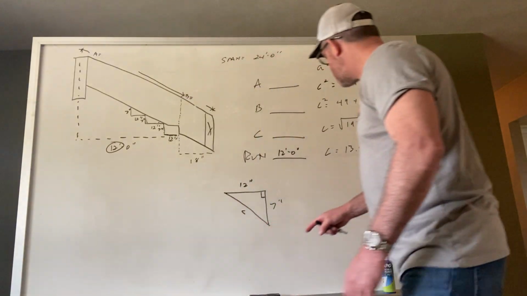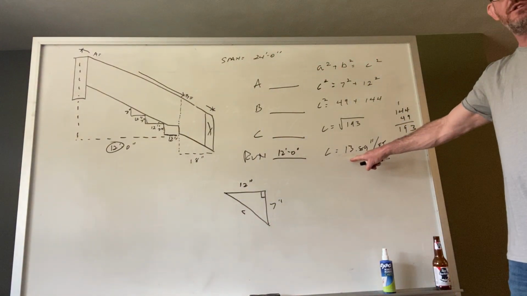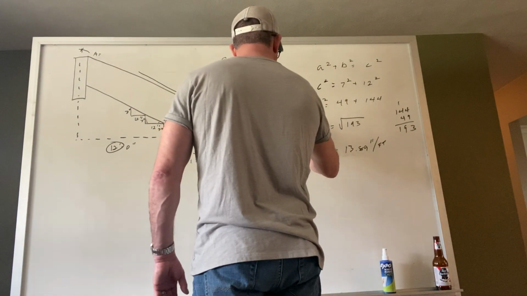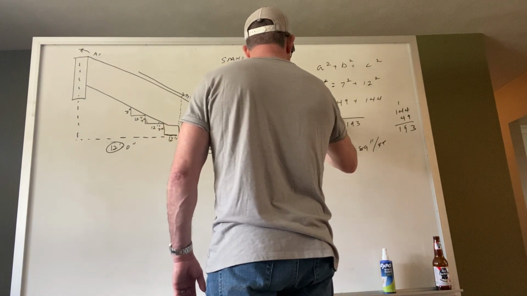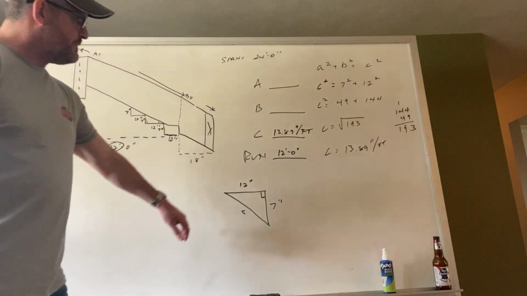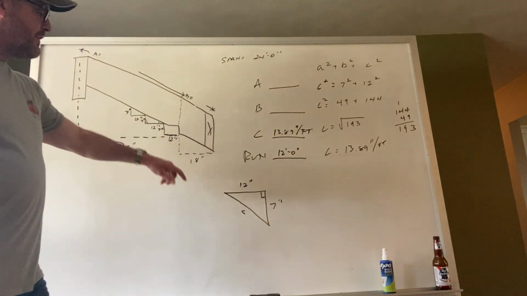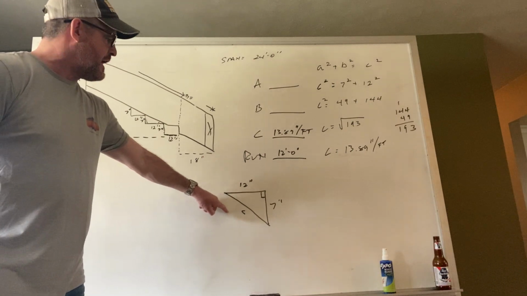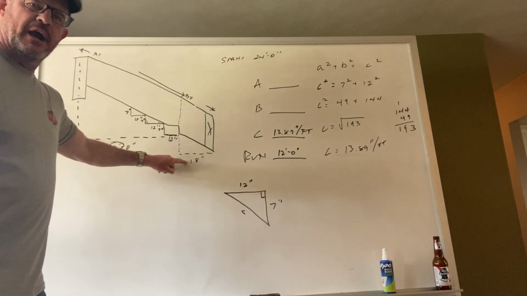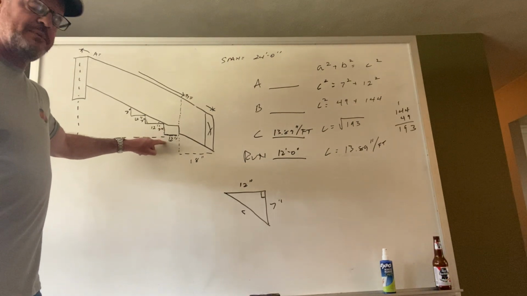So now that we've solved for that, our C is 13.89 inches, so now I can fill that in right here: 13.89 inches per foot. Now we can start to correlate this pitch triangle to this big triangle that I'm dealing with, and eventually to this little triangle, but right now we're talking about this big triangle.